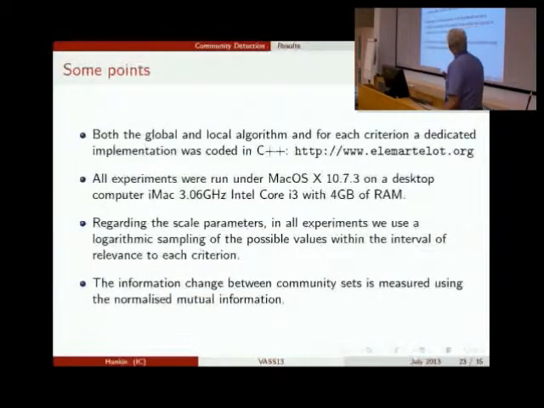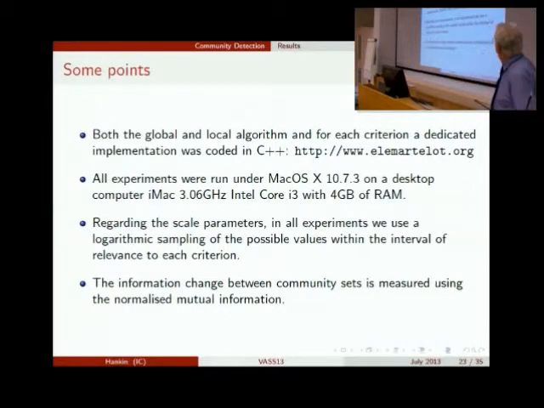Again, if you have time during the summer school, you could go to this URL at the top and find that there are actually C++ procedures for both of those algorithms using the different criteria.